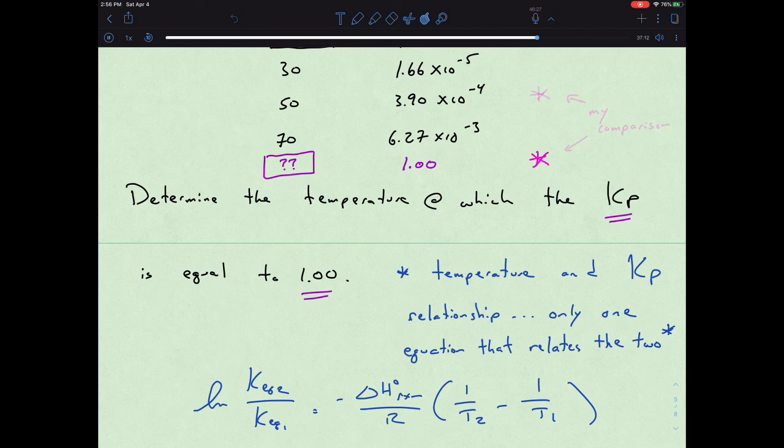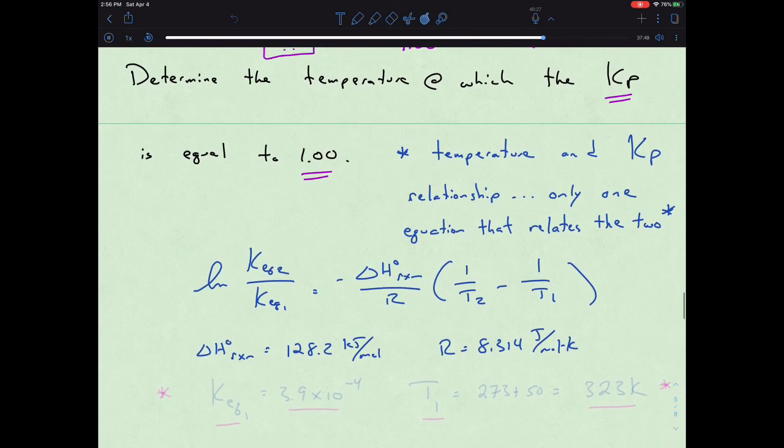We know our delta H that's already been given to us in terms of this delta H of reaction being equal to 128.2 kilojoules per mole. So we just need to figure out the temperature relationships that we want to do. Remember, we also know what R is as well. R is just this 8.314 joules per mole Kelvin value.